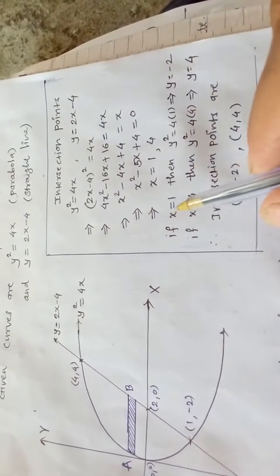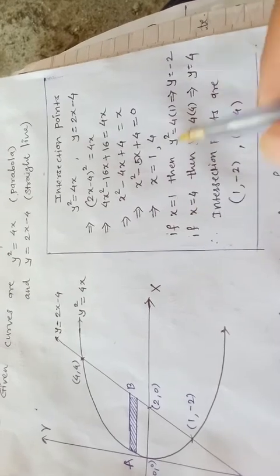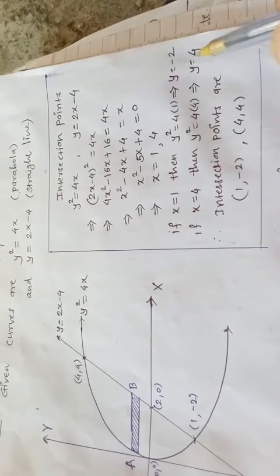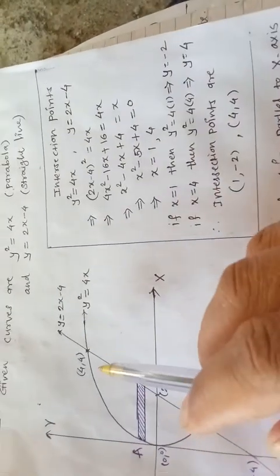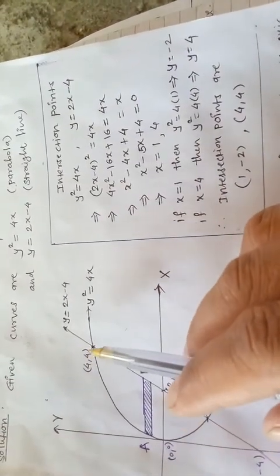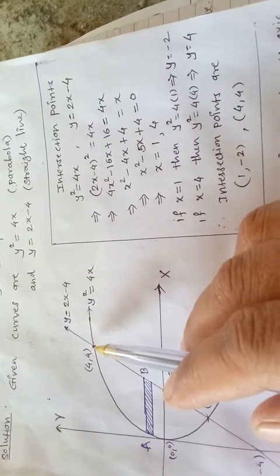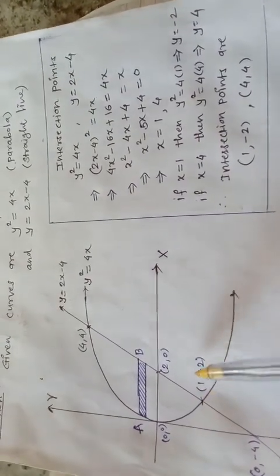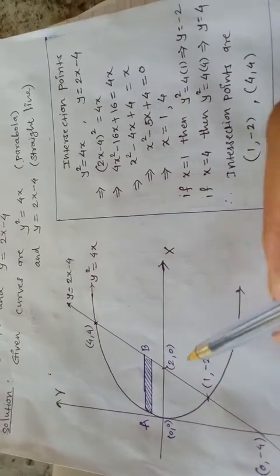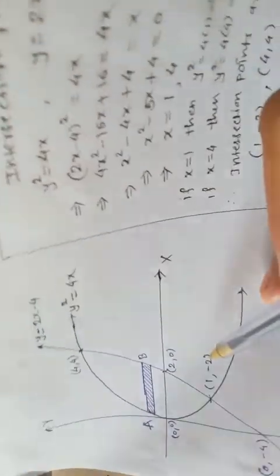Therefore there are two intersection points, that is (1, minus 2) and (4, 4). The positive point (4, 4) is in the first quadrant, and the point (1, minus 2) is in the fourth quadrant, where x is positive and y is negative.